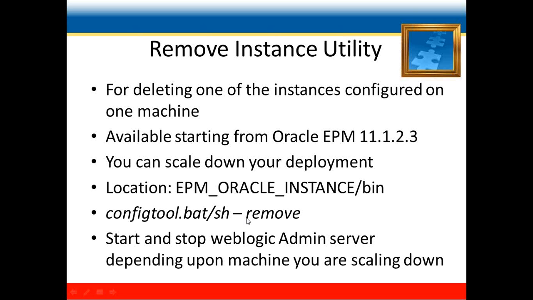Or if you are running this utility on some other machine where the WebLogic admin server is not present, then you will have to start the WebLogic admin server from the machine where you have configured it. So these are some of the prerequisites that you need to follow while running this remove instance utility.